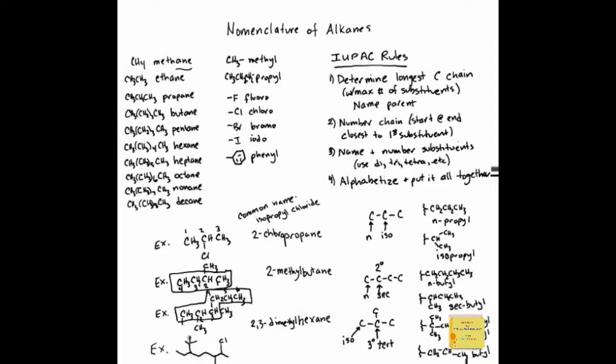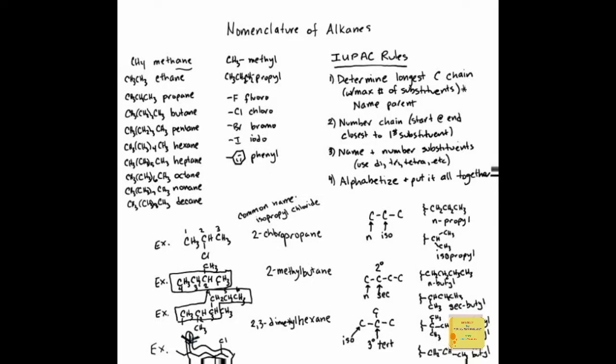So how do we distinguish between these two? We come back here and we see that if there is a tie between 2 possible carbon chains, we're going to pick the one with the maximum number of substituents. So we're going to take the more complex path to have a simpler name.